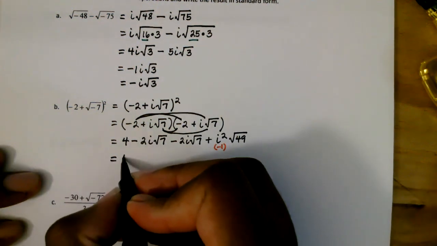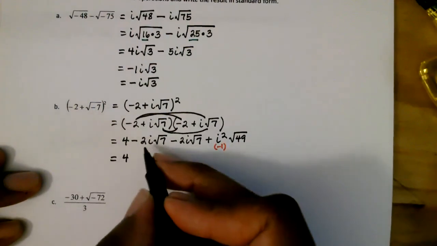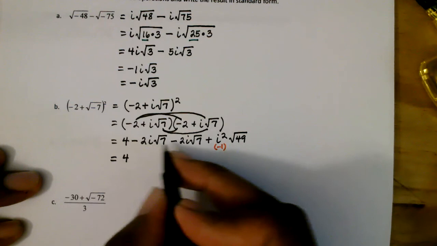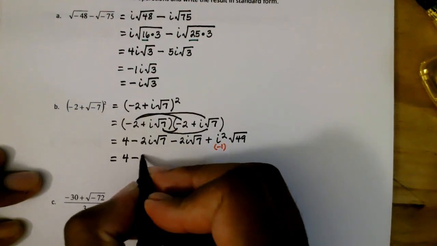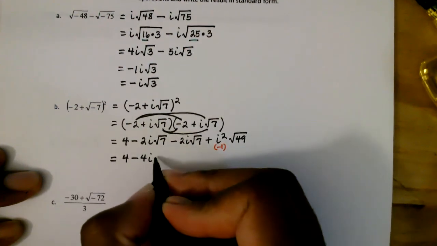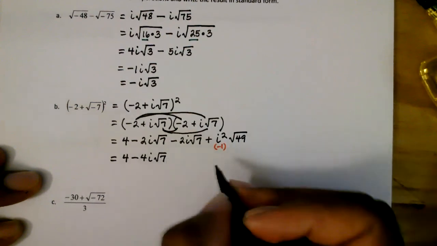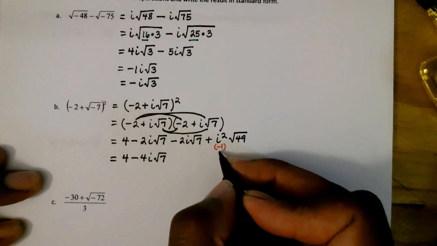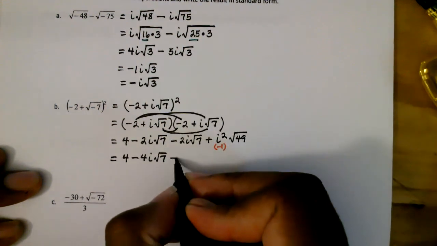So I'm going to bring down the 4. Combine these like terms. The i square root of 7 terms are like terms, so negative 2 minus 2 will be negative 4. So I have negative 4 times i square root of 7. And that i squared will be negative 1, but that's going to change that plus sign to a minus.